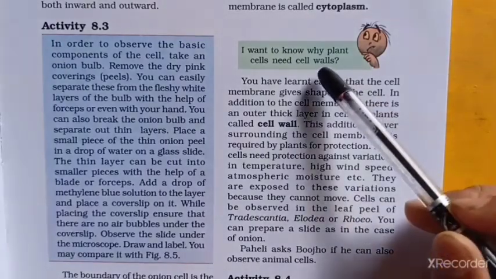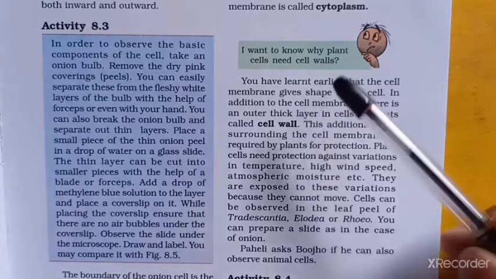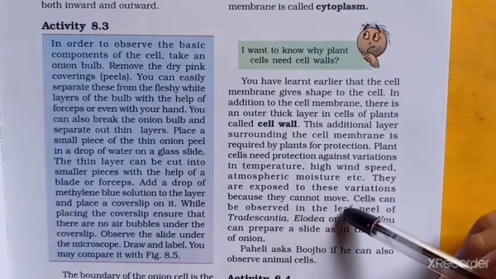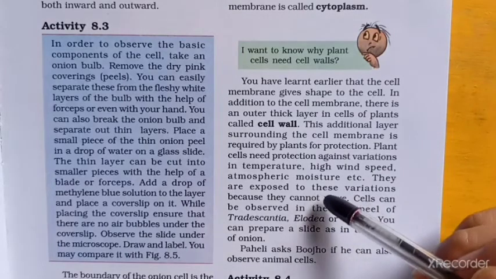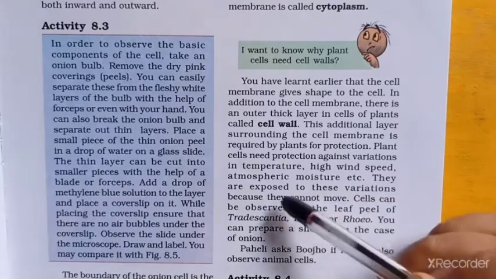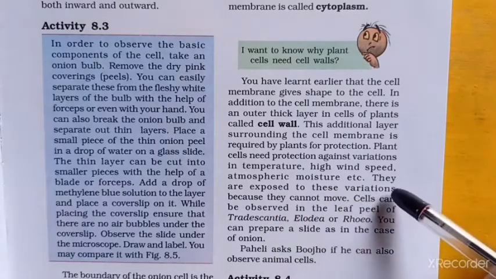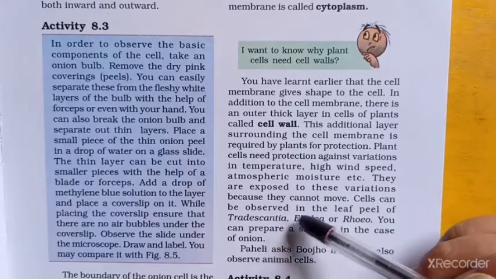So here I want to know why plant cells need cell wall. So the answer is here. Plant cells need cell walls because they need protection from variations in temperature, high wind speed, atmospheric moisture, etc. They are exposed to these variations because they cannot move.